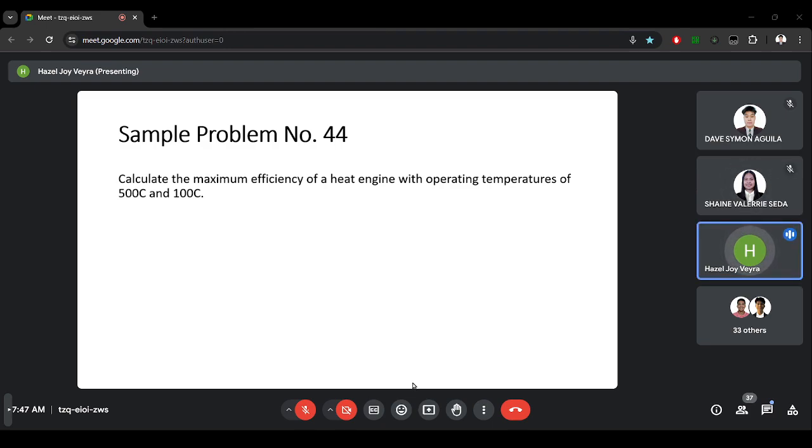So let us solve this problem, no? So let us first write the given data for this problem.